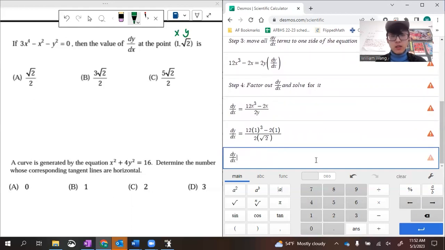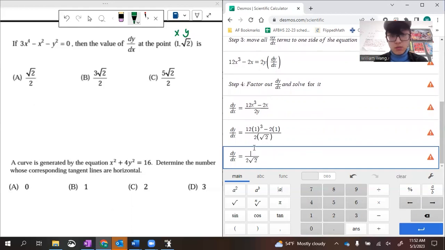All right, so dy over dx is equal to 12 minus 2 over 2 square root 2. It's equal to 10 over 2 square root 2, equal to 5 over square root 2.